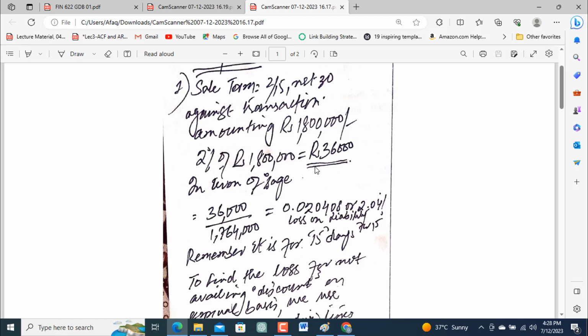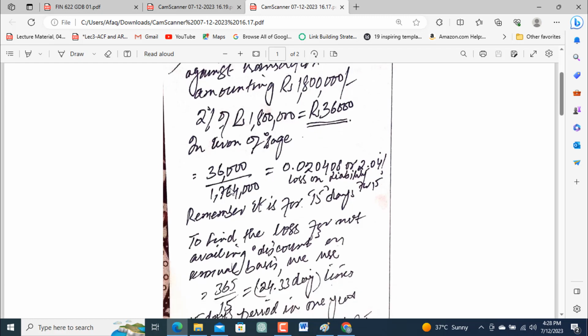In terms of percentage, it will be 36,000 divided by 1,764,000, which is equal to 0.0200408 or 2.04%. This percentage indicates that if company A does not avail this discount, then the loss it bears is 2.04%.